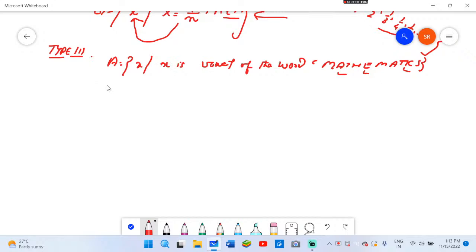Therefore, the set, denoted by A dash, will be the set containing elements A, E, and I. These are three elements.